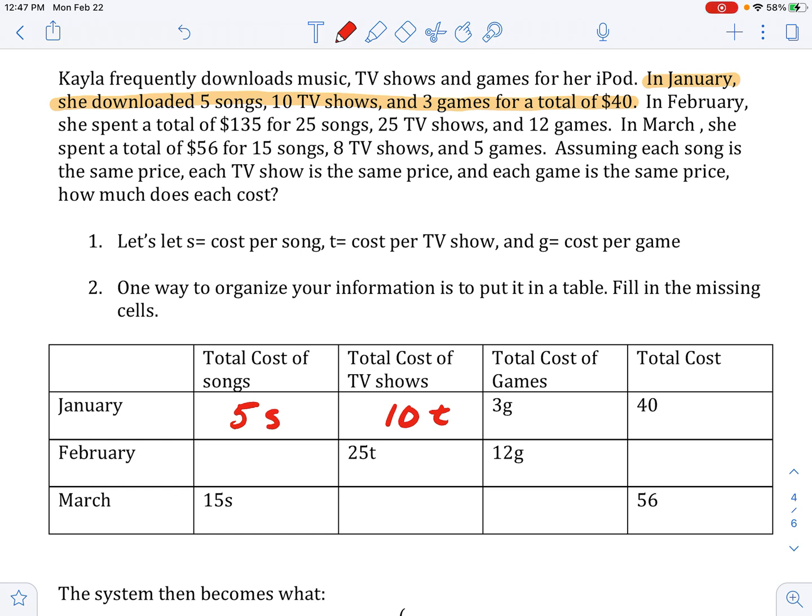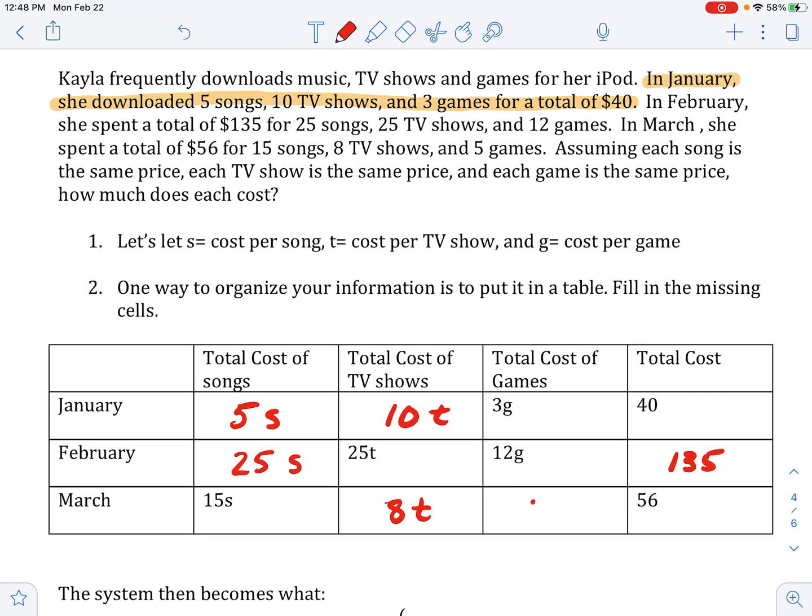Now let's move on to February. She spent $135 for 25 songs, so 25S, and we've got the rest of the information there. And then in March, she spent $56 for 15 songs, 8 TV shows, and 5 games.